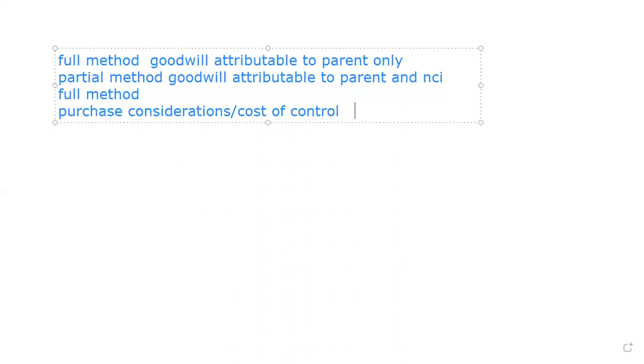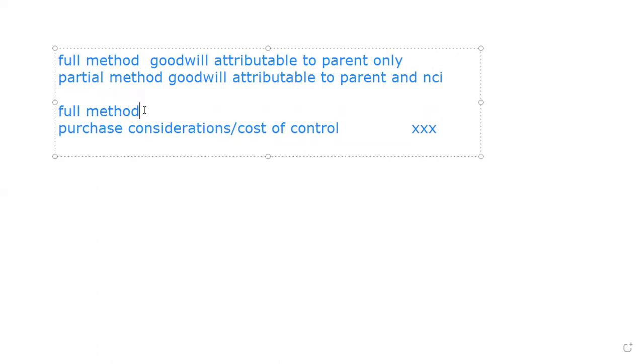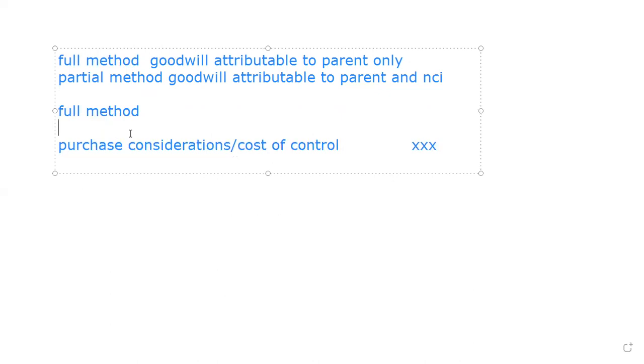Let's say it was X. Remember, we are doing the full method. So we start with the purchase consideration, or cost of control, and from this you less the net assets acquired.